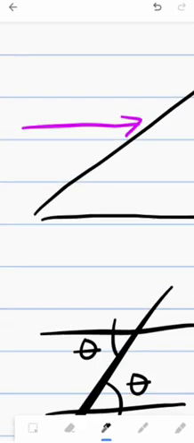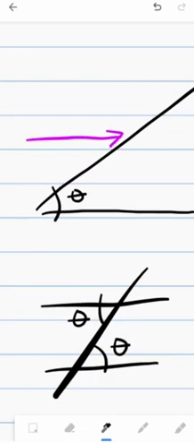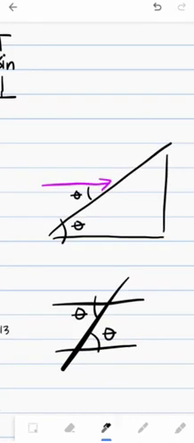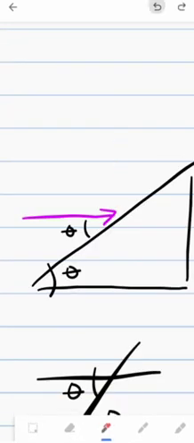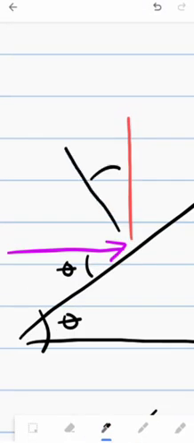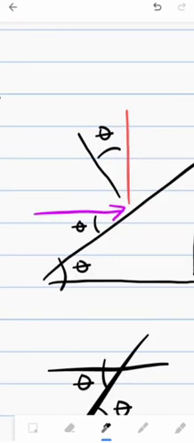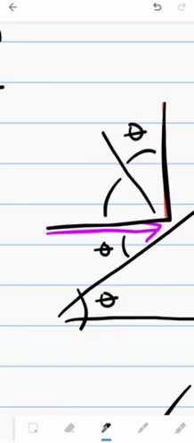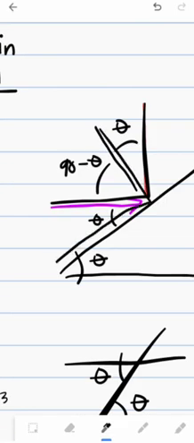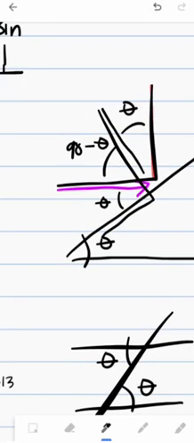So if that's theta, then this should also be theta. We can also prove that by saying the line of action of the force a while ago was this one as theta, so this forms a right triangle. So this should be 90 minus theta, and then again another right angle right here.